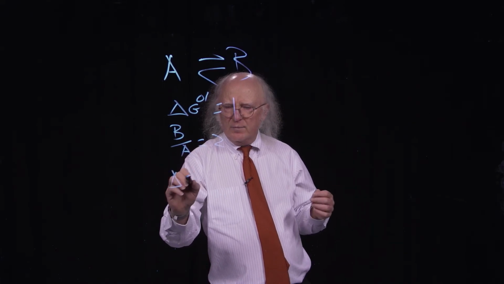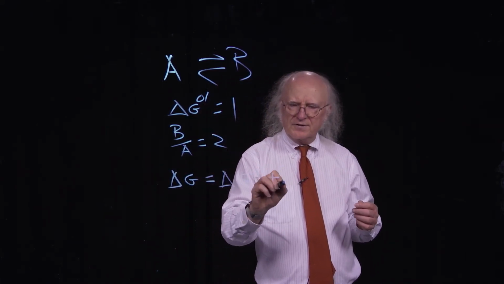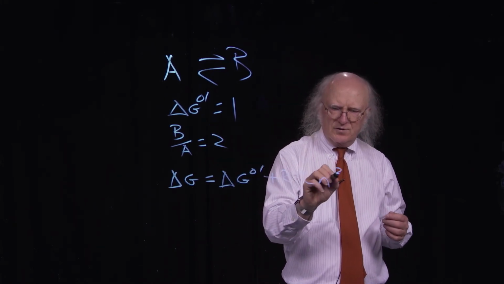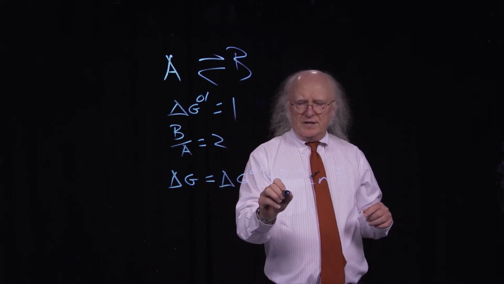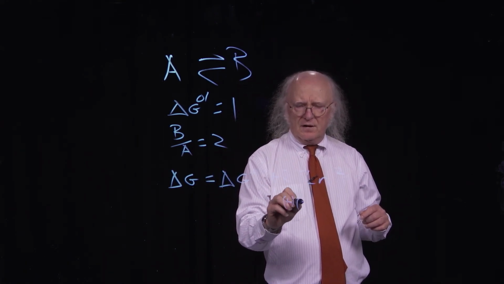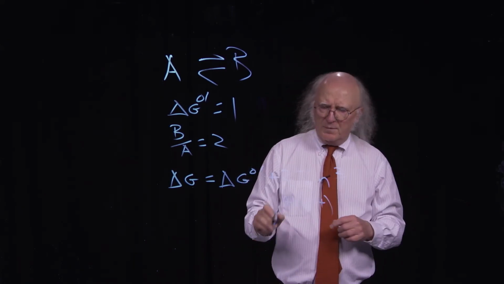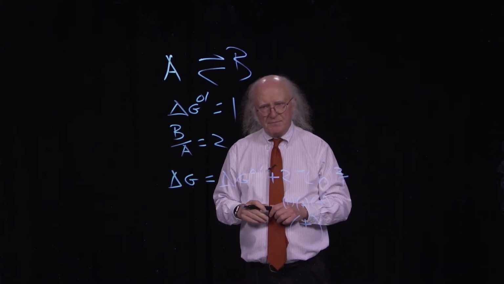Well, as always, we go back to our Gibbs free energy equation, which tells us the following. In this case, I'm going to substitute 2 over 1 for B over A. And I note that this is greater than 1, so this must be a positive number, meaning that this overall number is positive.